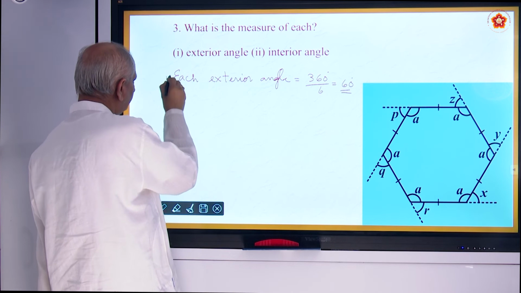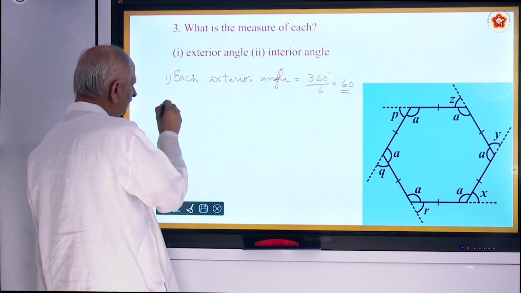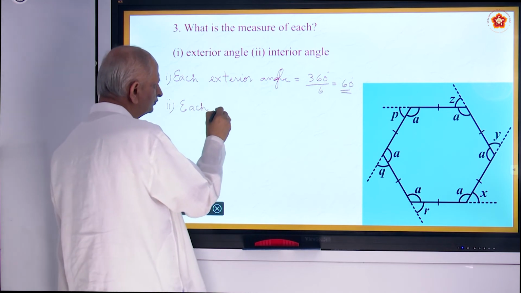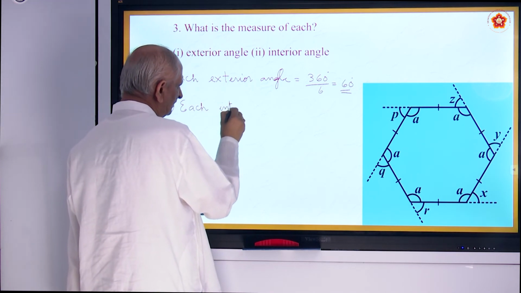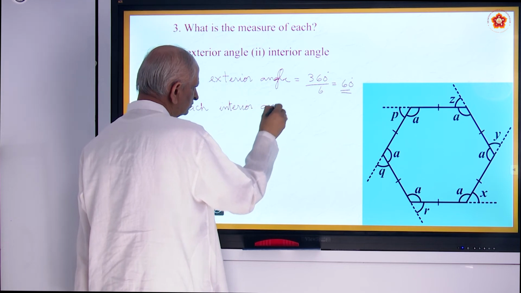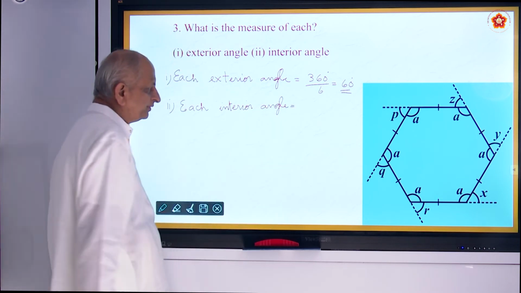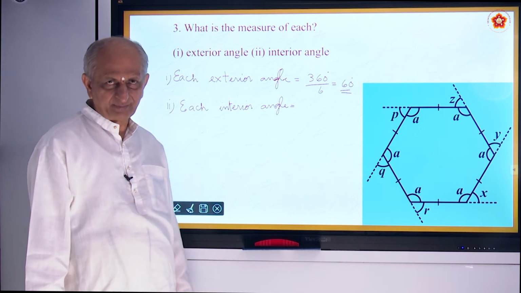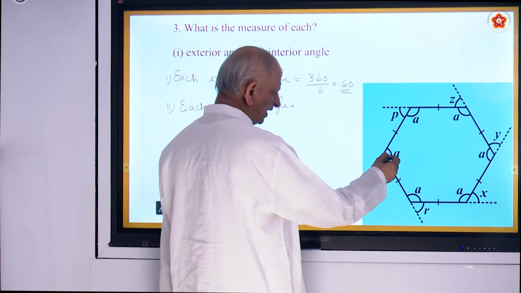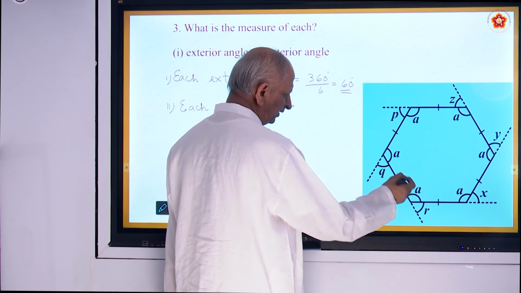And now they are asking each interior angle. What is the sum of the interior and exterior angle? The sum of the interior and exterior will be 180 degrees because it is a linear pair. That means angle A plus angle Q is equal to 180.